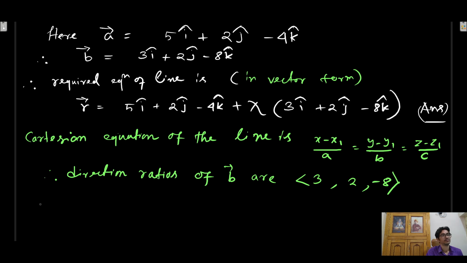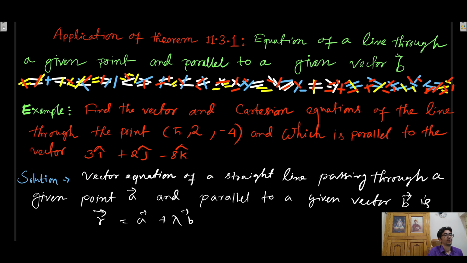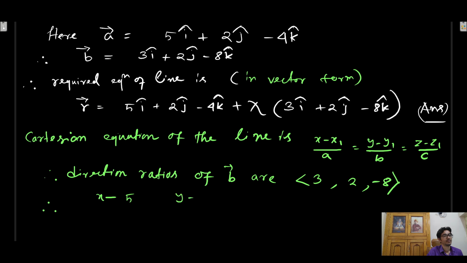Therefore, (x minus 5) by 3 equals (y minus 2) by 2 equals (z plus 4) by minus 8, since the point is (5, 2, -4) and the direction ratios of the b vector are 3, 2, minus 8.